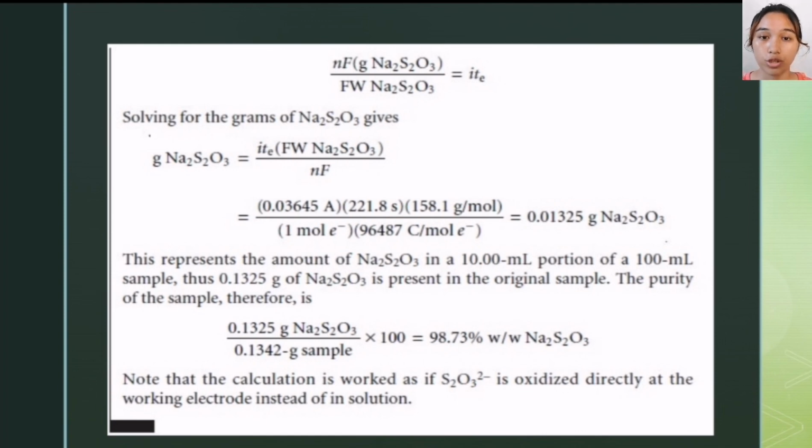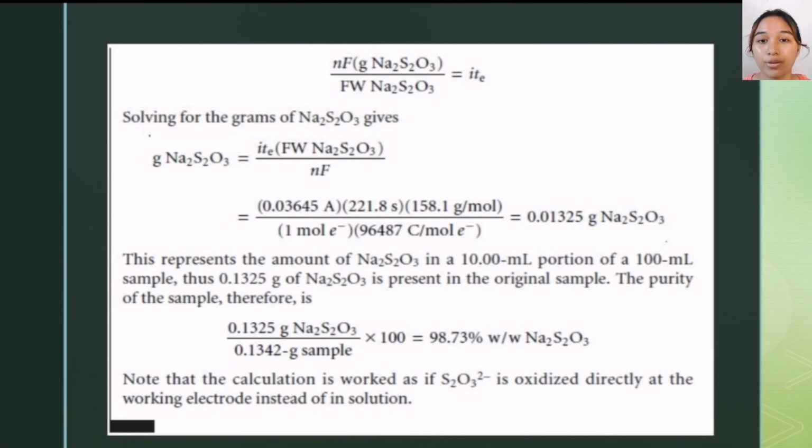If you wonder why it became 0.1325 grams instead of 0.01325, it was multiplied by 10 for the 10.00 mL portion, which made it 0.1325 grams of sodium thiosulfate. Then you divide 0.1325 grams by the 0.1342 gram sample from the given, times 100, and the total is 98.73% weight by weight. That is the percentage purity of sodium thiosulfate.